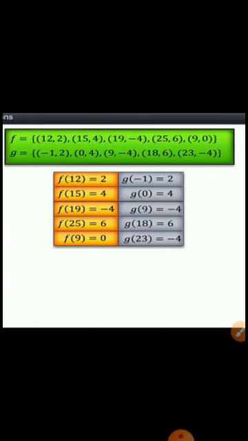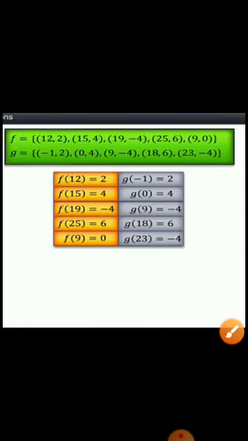Now see here the example. We have been given f as a function and g is the function given here. Now check whether f and g are 1-1 functions or not. Just see, f of 12 is 2, that is (12, 2), so f of 12 is equal to 2. f of 15 is 4.